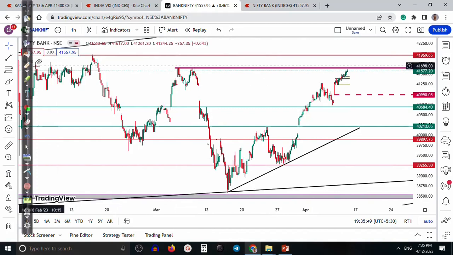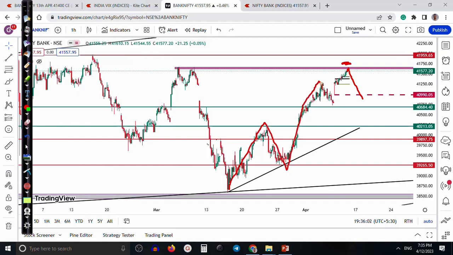So I'm looking for buy after breaking this level, or otherwise I'm not interested because of the probability of a pullback. So here I can see price goes up, pulls back, and goes up, pulls back, and goes up. So there is a probability of a pullback from this area. So that is why I'm not interested to take any buy position toward the upside.